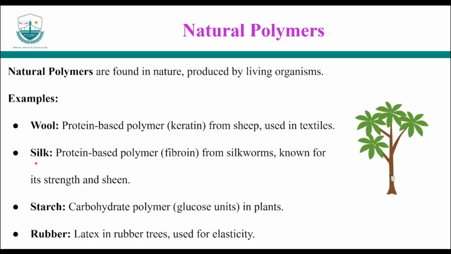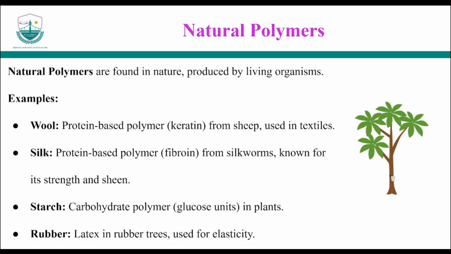Then we move to silk. Silk is a protein-based polymer produced by silkworms. This silk can be used in making clothes because of its tensile strength. And then wool, this one is also a protein-based polymer.